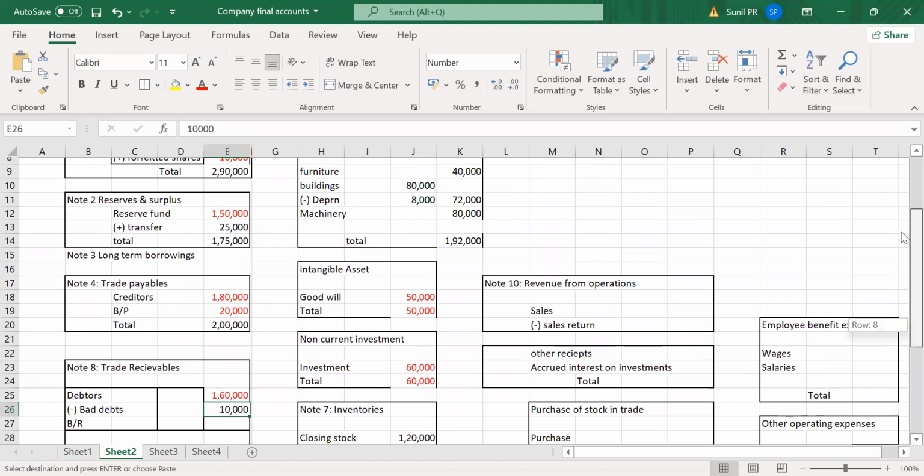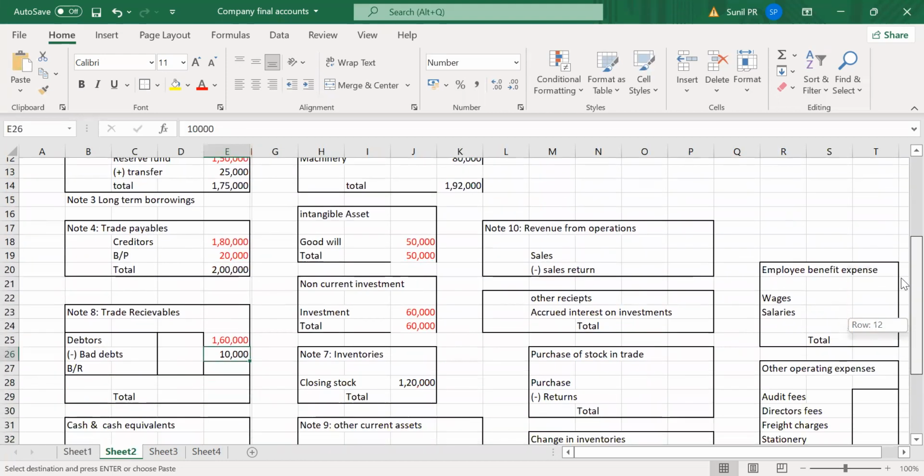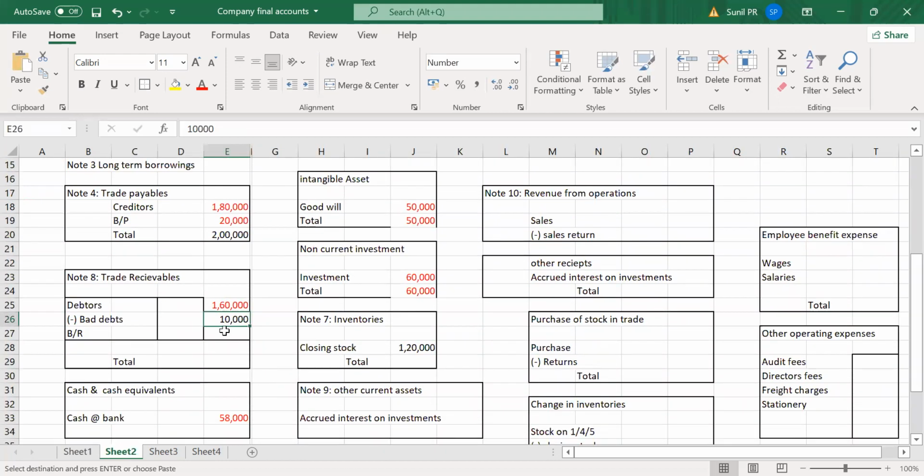Now, bills receivable is 50. So debtors 1,60,000 minus bad debts, and then should we add the bills receivable?